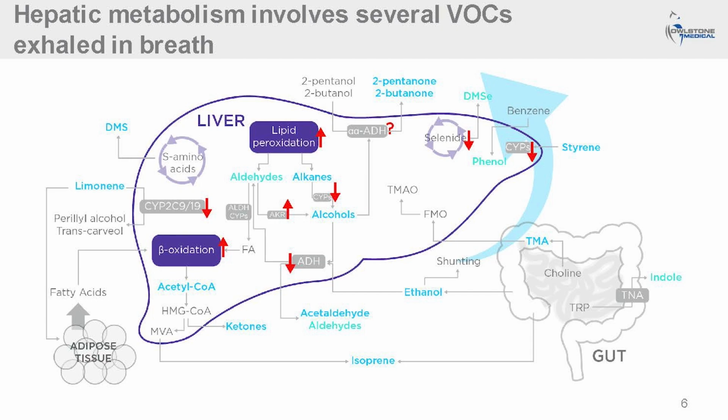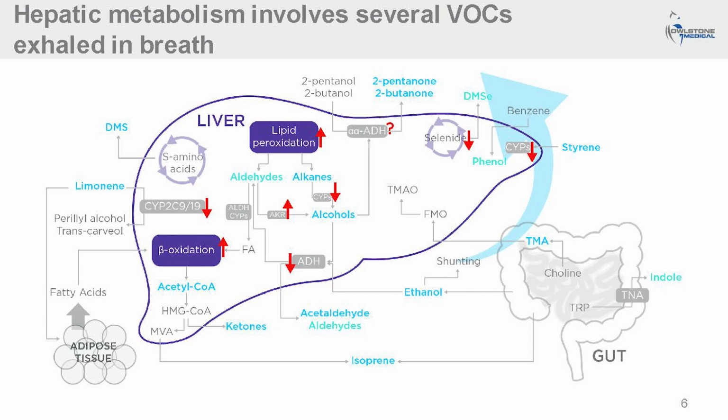One of these is of exogenous origin, like limonene, which is metabolized by the CYP system to compounds that can then be excreted through the urine. And what we see is that when there is cirrhosis, limonene is reduced.